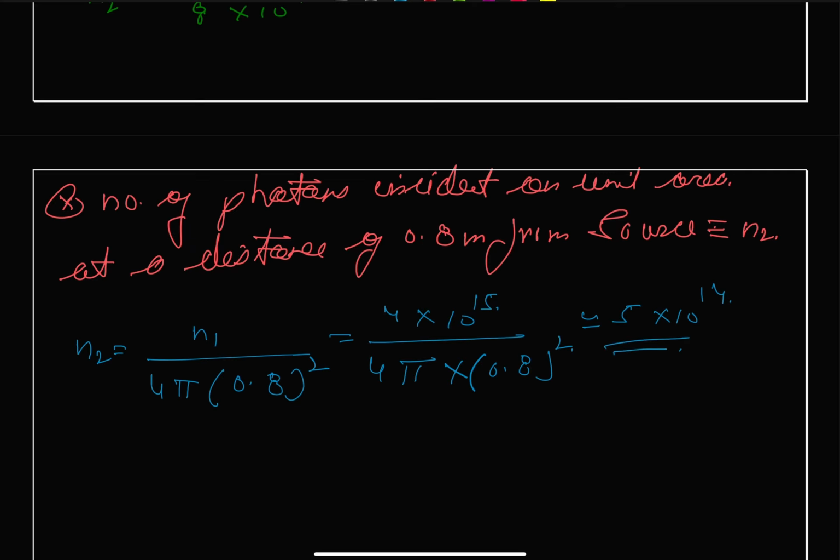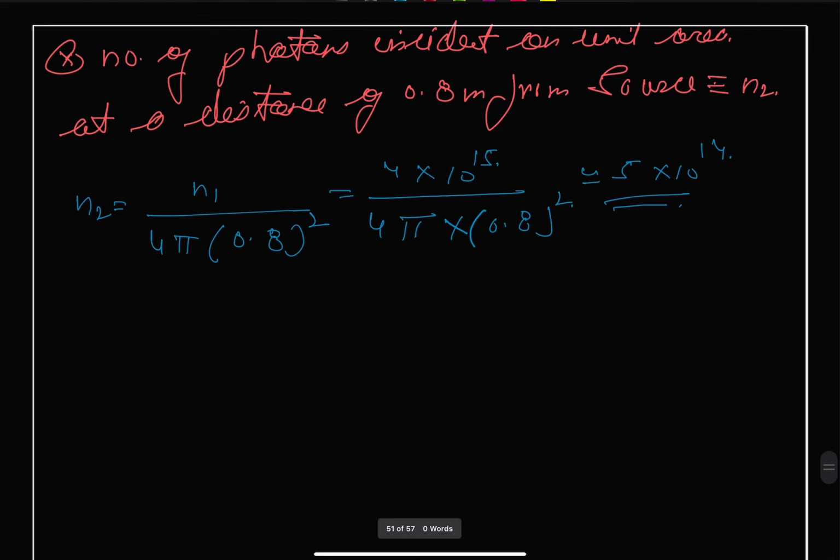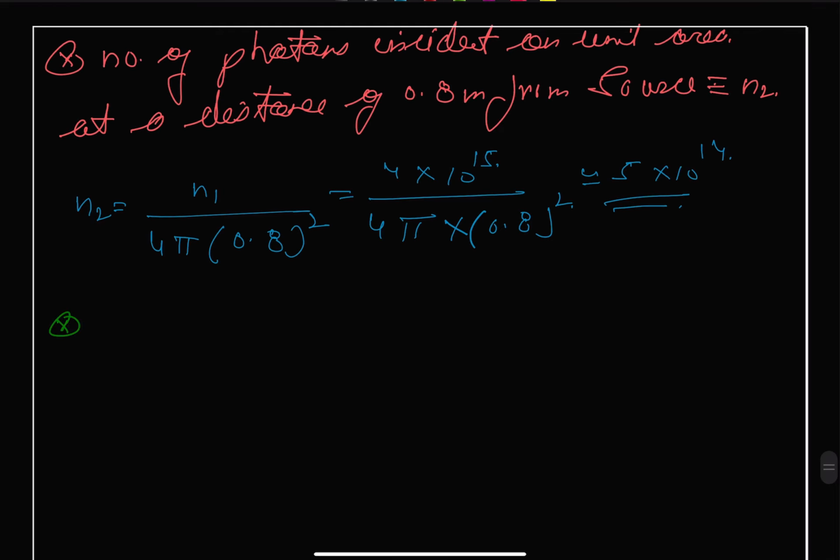And we are given the area of the metallic sphere over which the photons will fall. Radius is given, so we can find out area.